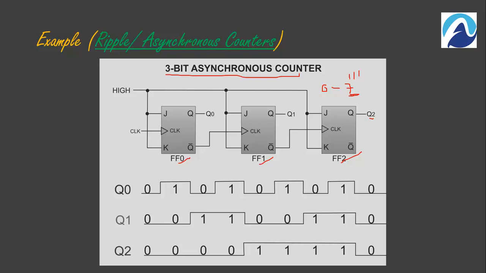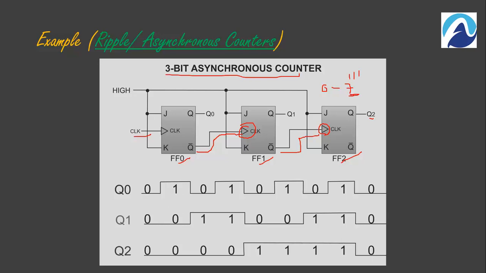The clock of the first flip-flop is connected with the clock circuit right here, but the clock of the second flip-flop is connected with the complementary output of the first flip-flop from here. Similarly, the clock of the last flip-flop is connected with the complementary output of the second flip-flop.